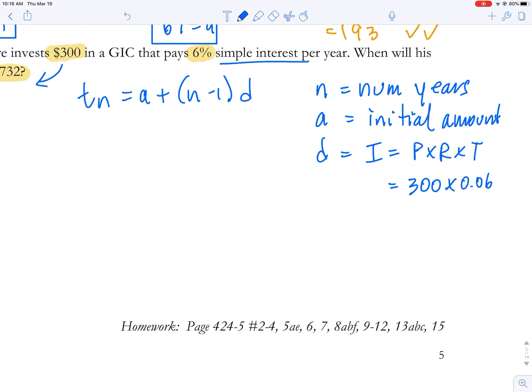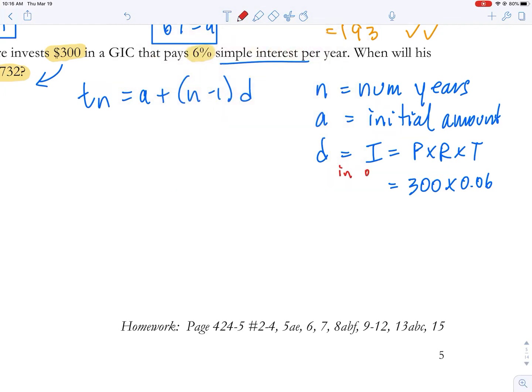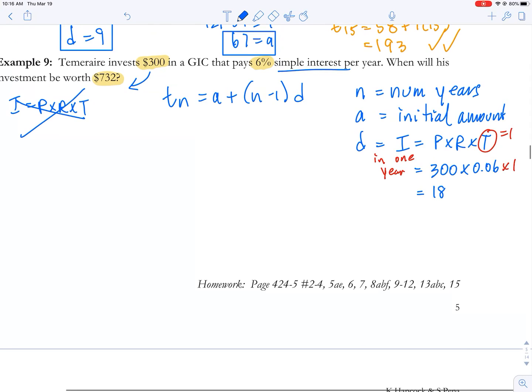D is going to be the interest in 1 year. So that means time equals 1. So it's going to be 300 times 0.06 times 1 year. And when we do that, we're going to find that each year you'd be making $18. So our step would be $18.